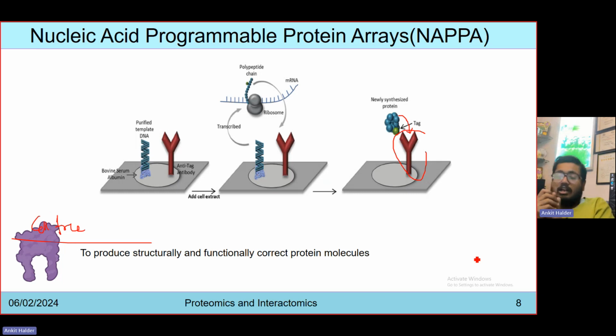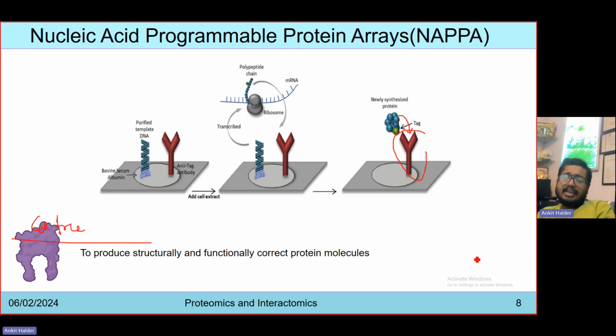Rather, it will be a different one. All those things can be replaced by using a very novel cell-free method where you have a purified cDNA template, with the assumption that the cDNA is coding for a particular gene and a particular protein.